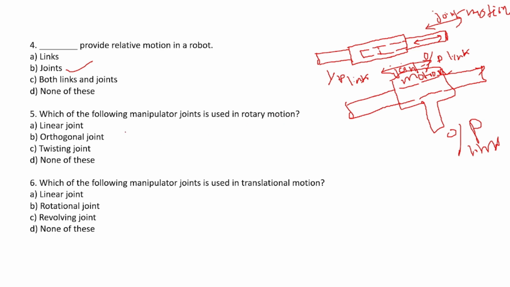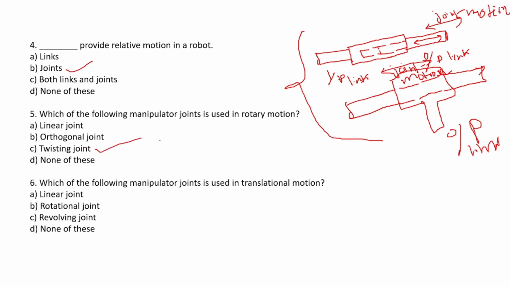Just now we talked about the different types of joints. Linear joint and orthogonal joint, those are translational, right? Those give translational motion. And which of the following manipulator joints is used in rotary motion? The remaining option is the twisting joint.